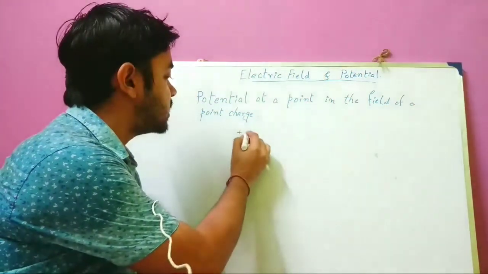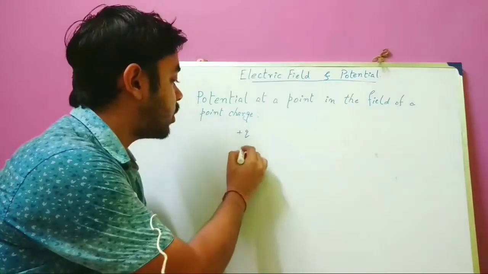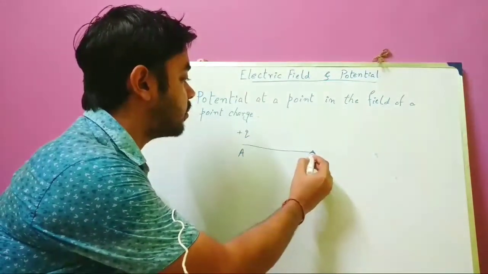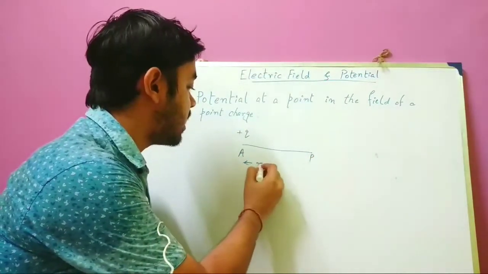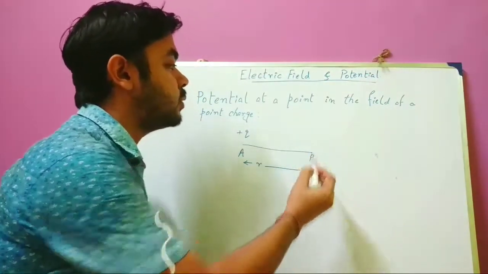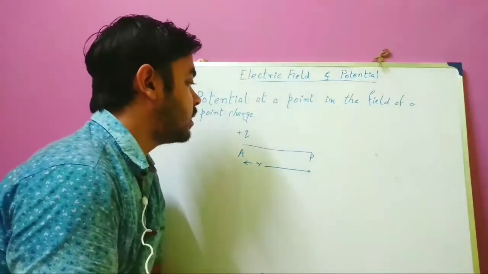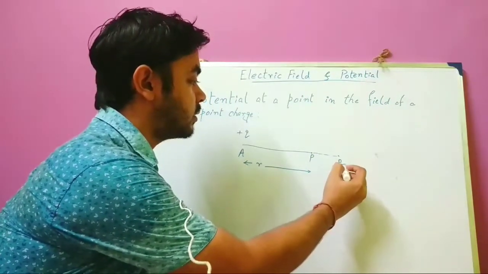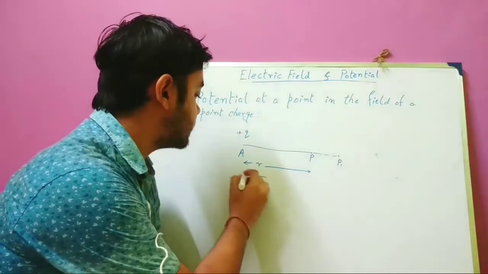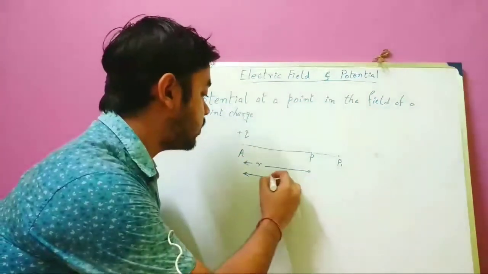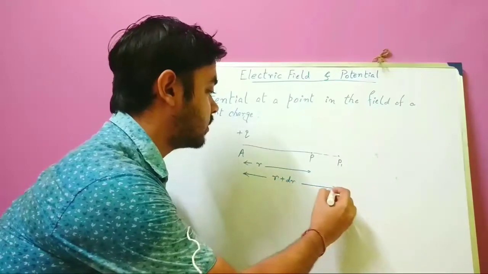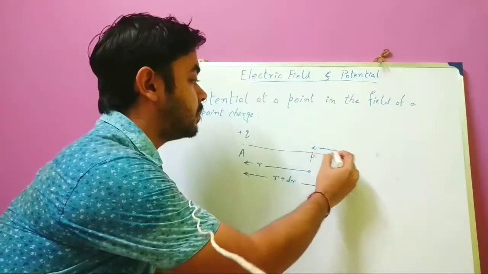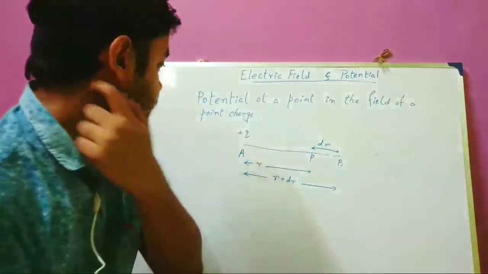Suppose a positive charge plus Q is placed at a point A. We have to find the electric potential at a point P, which is at a distance R from A. Now consider another point, P1, and the distance of A and P1 is R plus dr, where dr is infinitesimally small, so the distance between P and P1 is dr.